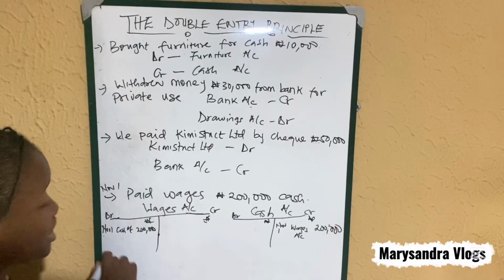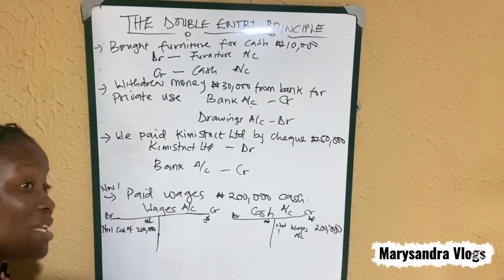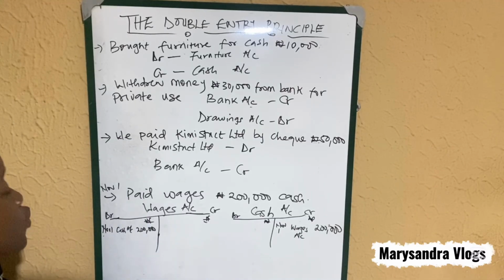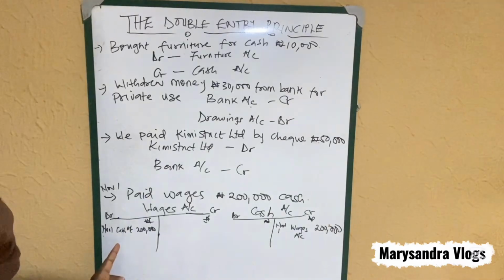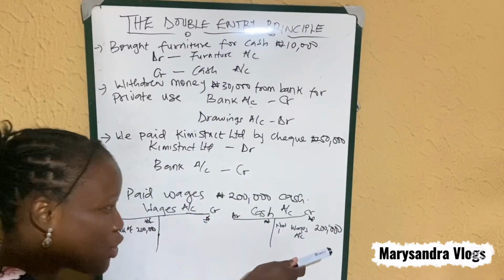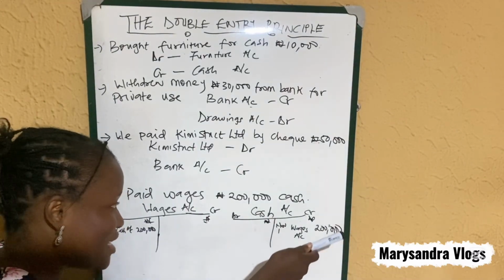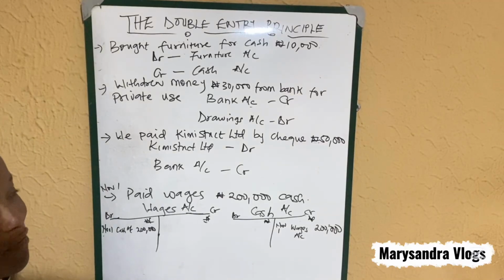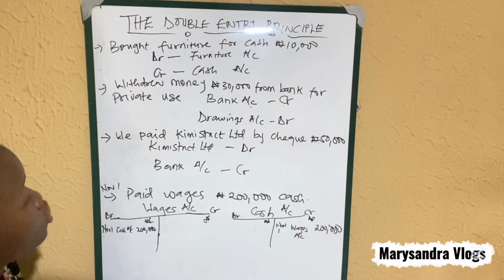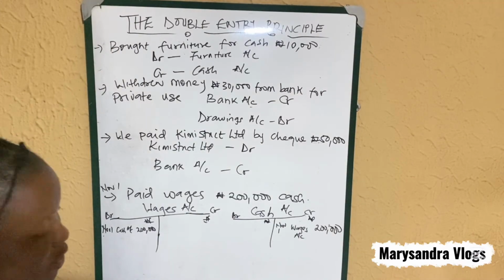So at the end of the day, it balances itself. There's a debit leg and there's a credit leg, which is for every debit entry, there must be a corresponding credit entry and vice versa. So that is what the double entry principle is all about.